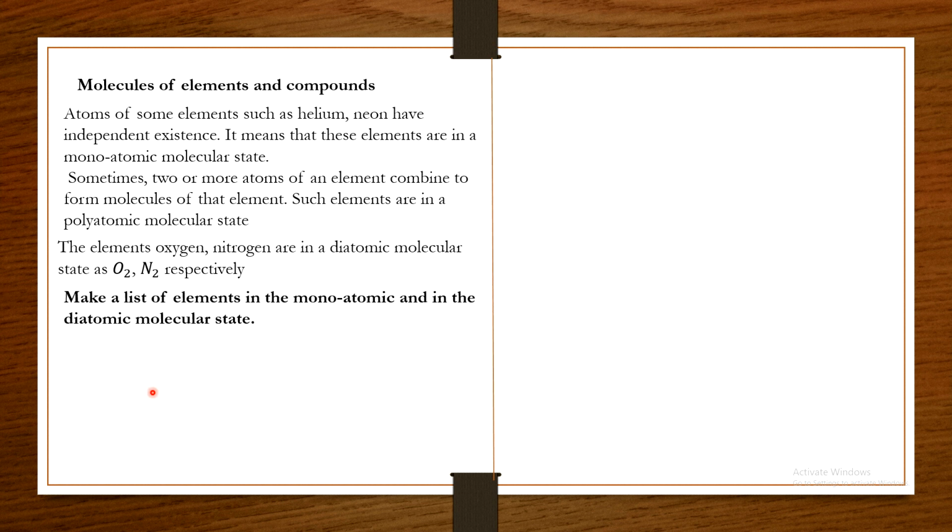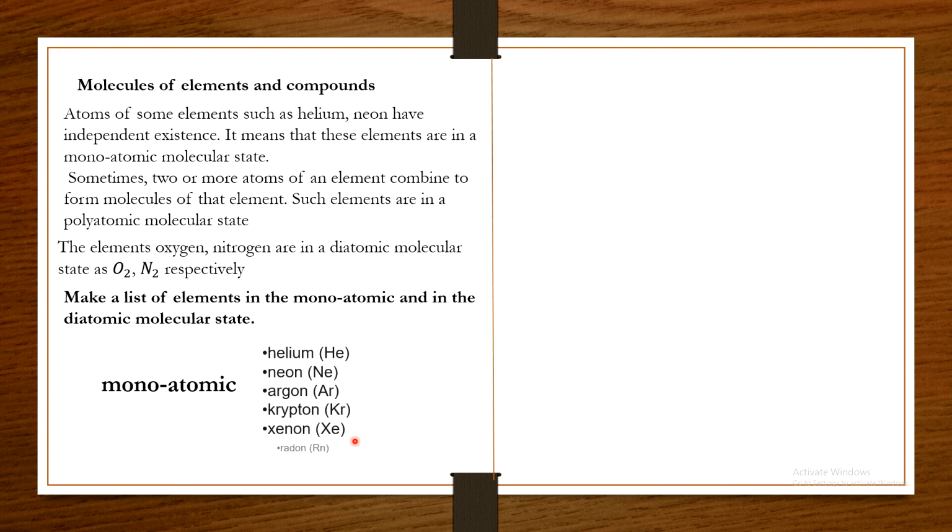So let's take one activity. Make a list of elements in the monoatomic and in the diatomic molecular state. Let's first write the monoatomic molecular state. Here helium He, neon Ne, argon Ar, and krypton Kr. These are called monoatomic molecular state because they have independent existence.